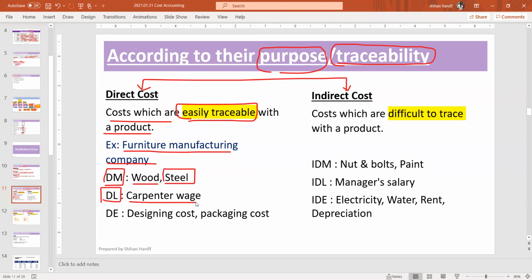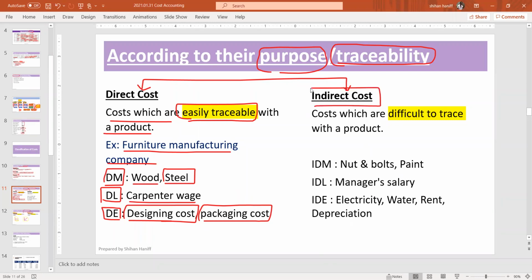For each table or chair, you pay an amount to the carpenter that is directly traceable. Direct expenses or direct other costs, like designing cost or packing cost, we can take as direct other expenses. Traceable means you can check or easily identify it with the final product.